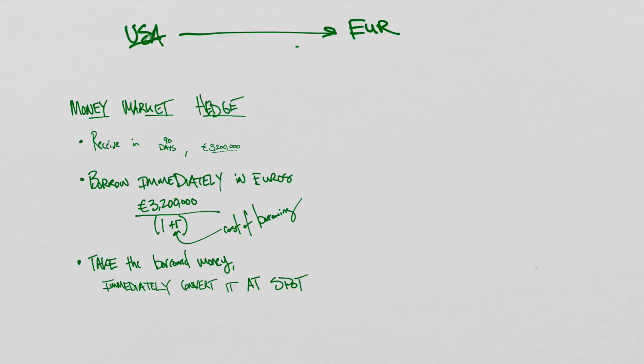We still know that they're going to receive in 90 days 3.2 million euros for the sale, and so what they're going to do is get a loan, but not for 3.2 million euros, because they have to cover the cost of interest.